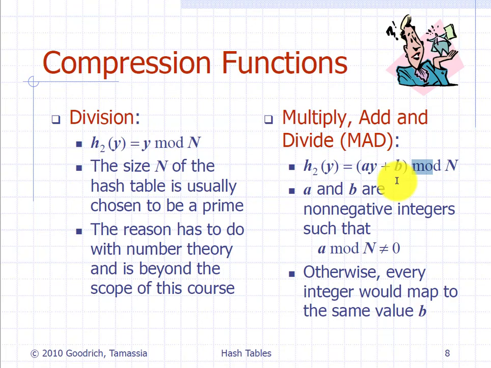But the compression function, remember, what we're trying to do here is take that integer and put it into an array. So this notion of a modulo, which gives you the remainder, and the remainder is within a range, this helps us, right? Because we want to be able to compress from a large range, perhaps a range of infinite size.